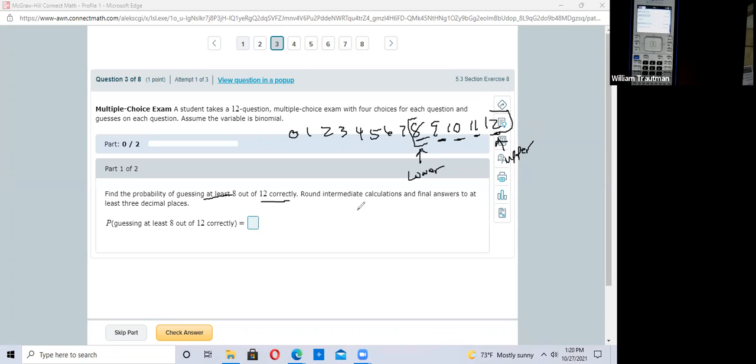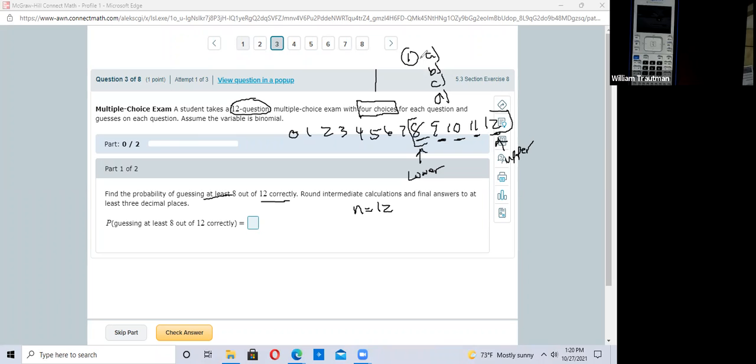So when we put this in, our n is 12, there are 12 questions. A student takes a 12-question multiple choice exam with 4 choices. If question 1 looks like this, here's the answer to A, B, C, or D, 4 choices. What's the probability of getting 1 question correct?